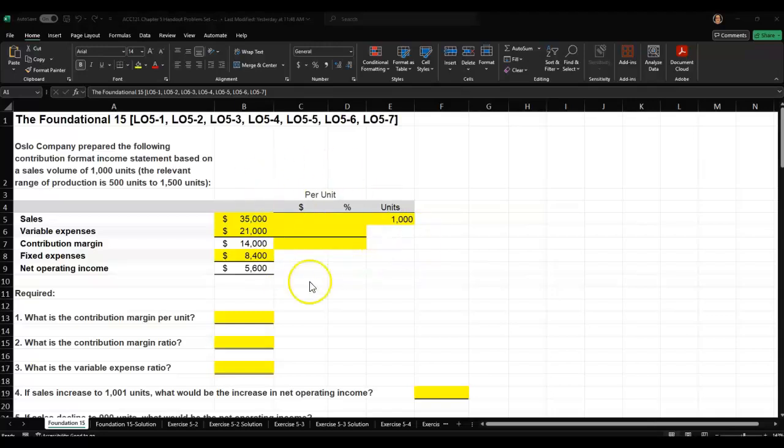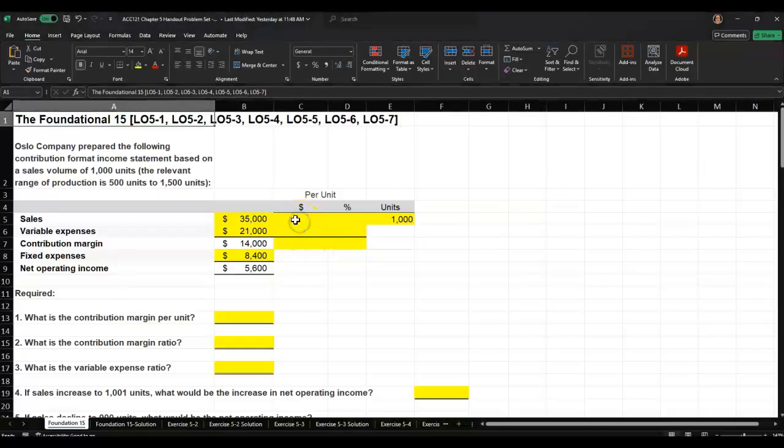Because we've got to fill in some of these yellow blanks here. So what should we calculate first? Okay, so how do we calculate the sales price? We're talking about that cell right there. So how do we get it?